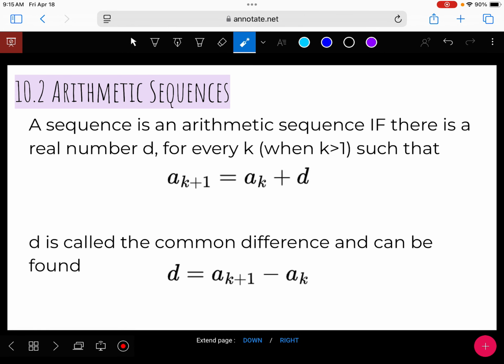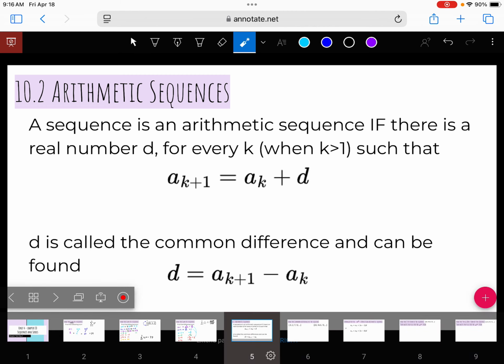So our first type of equation we're going to have for this is our arithmetic sequence. Arithmetic. So what this means is if we look at our series or sequence, it's a plus.